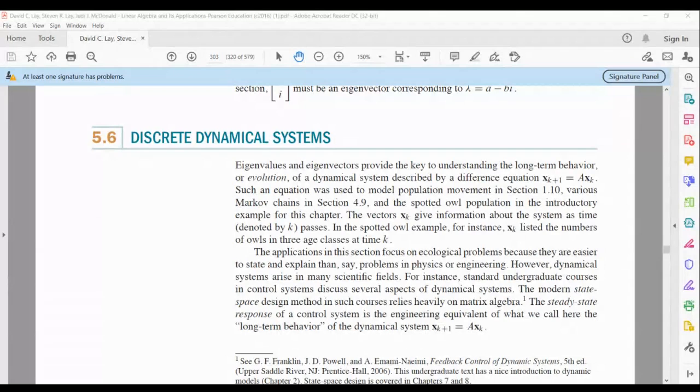All right, discrete dynamical systems. So what have you learned here in chapter 5?